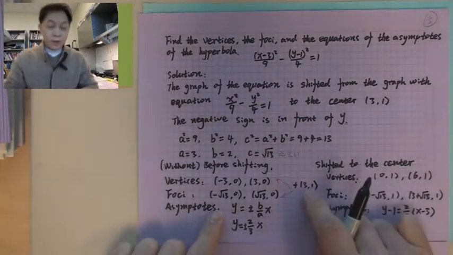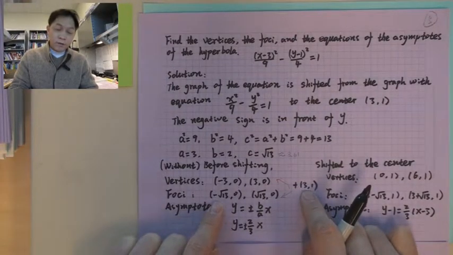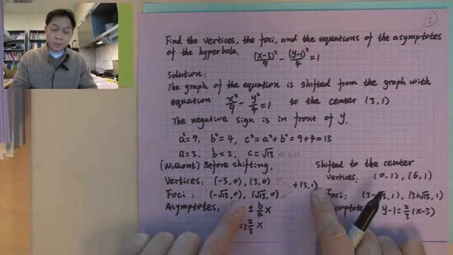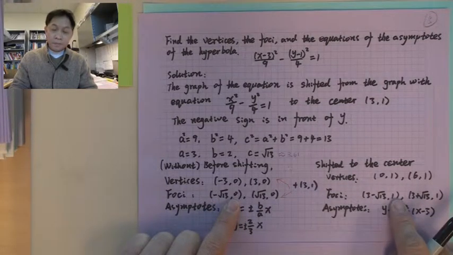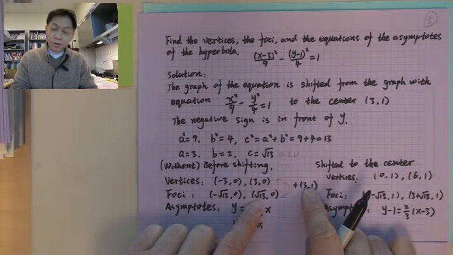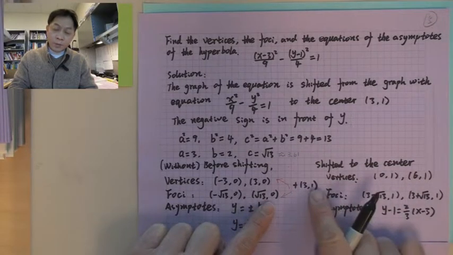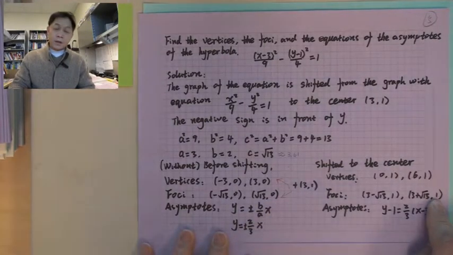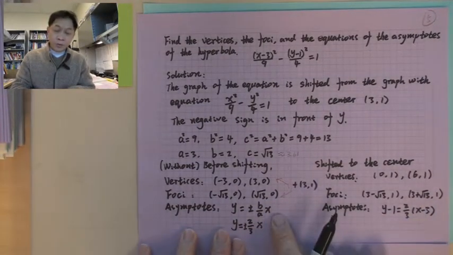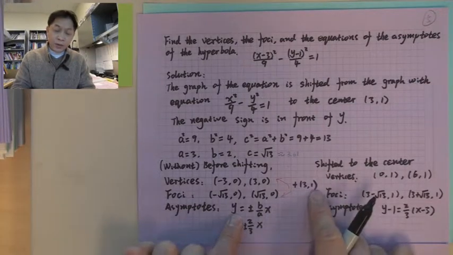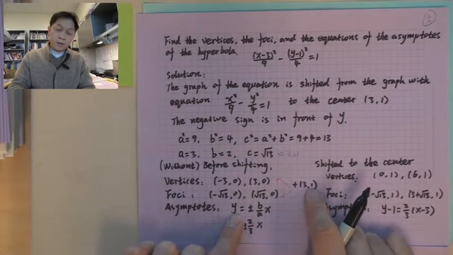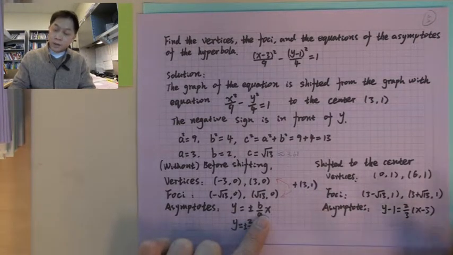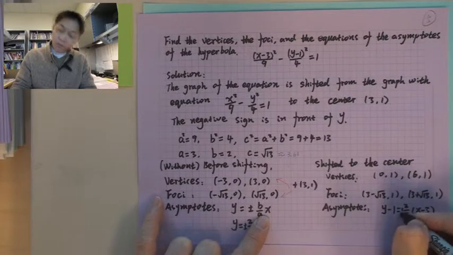Now, 3 plus negative radical 13 is the left focus, 1 plus 0 is 1. 3 plus radical 13 is the right focus, 1 plus 0 is 1. Now, for the asymptotes, you have to use y minus 1 here, and then x minus 3. Here again, we need positive or negative.